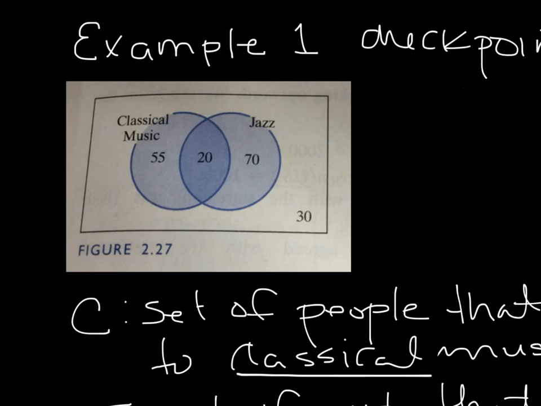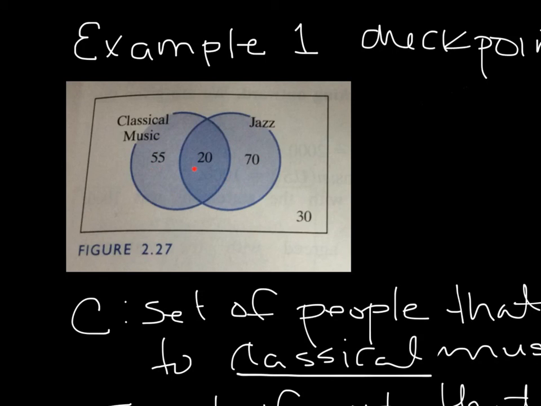That is, we're interested in finding the number of people who like classical music only, or who like jazz music only, or who like both. Okay, so that's just the addition of these guys, this region, and this region.